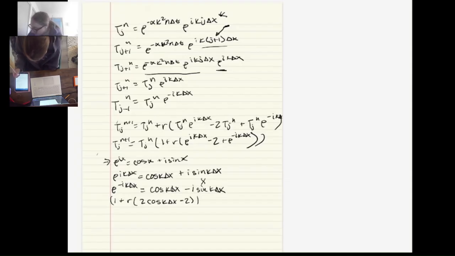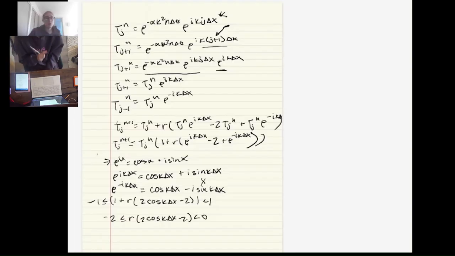Okay, and then this is to the negative 1. So we move over, subtracting 1 on both sides. So this is going to be 2r times 2 cosine of k delta x minus 2, and then we'll have 0 on the side.